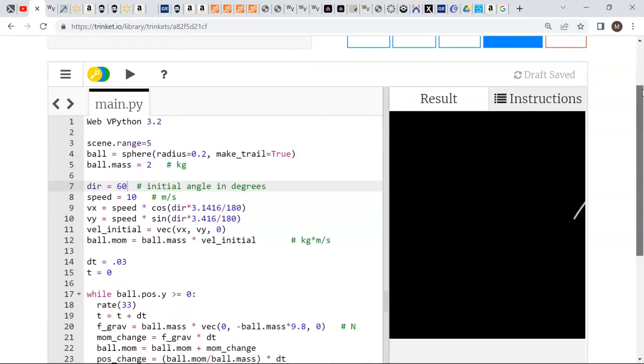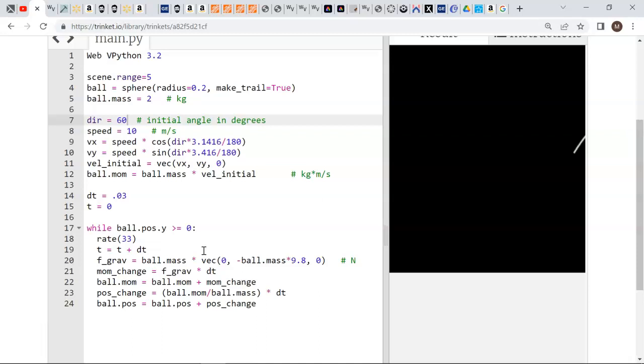We did not need to change the momentum or position update loop down here, but basically changing the initial velocity so that it is tilted at an angle instead of being straight up and down. So there are a couple more variations we can do on this.